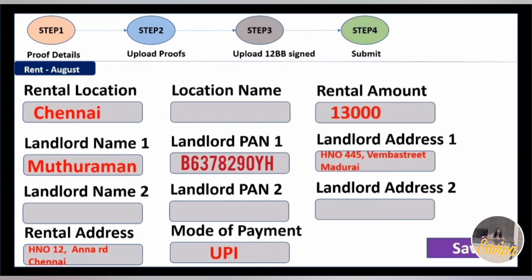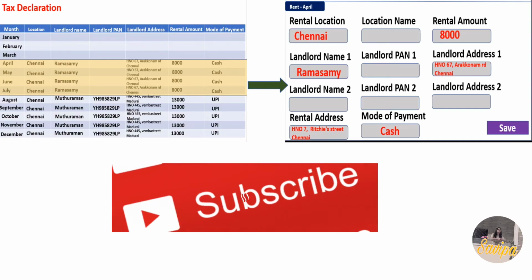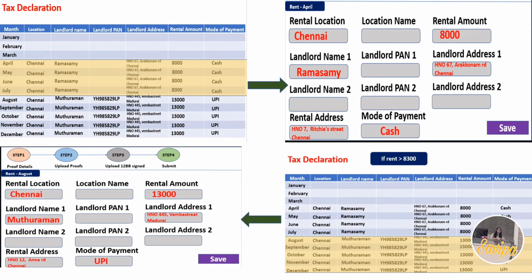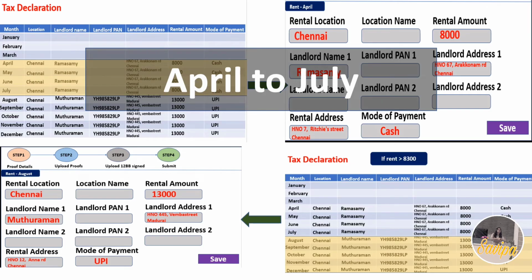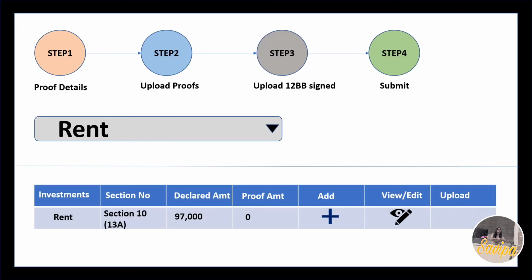Similarly, August to December is completed. For your clear understanding, I filled April to July this way and August to December this way. Similarly, you also need to fill each and every edit icon from April to December. With this we have successfully completed step 1, which is proof details.